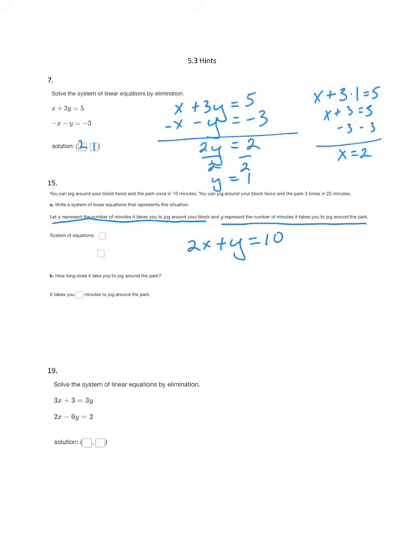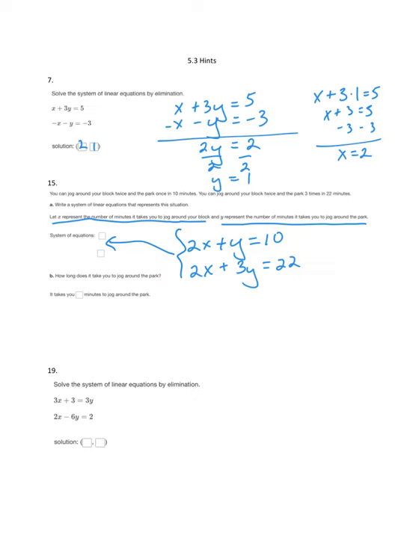The block is x, so 2x plus 3y equals 22. So that's our system. We're going to put those two equations right here. And then we need to figure out how long it takes you to jog around the park. So we're solving for y.